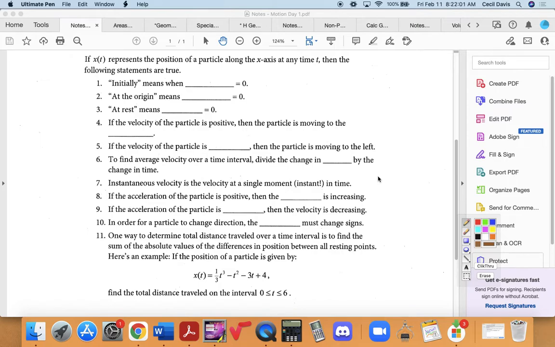Yes, t is equal to 0. If they say that you're at the origin, what does that mean? x of t is equal to 0. At rest means v of t is equal to 0.